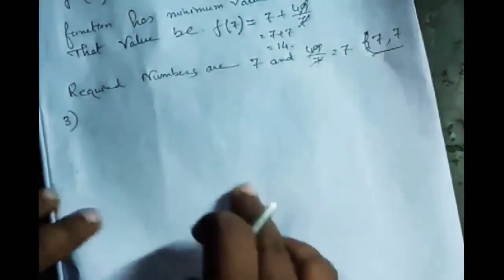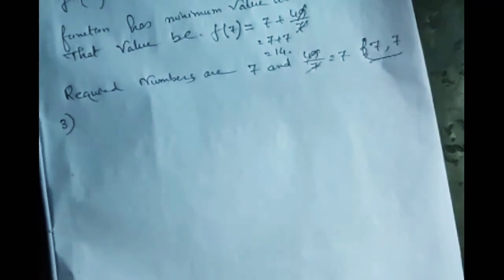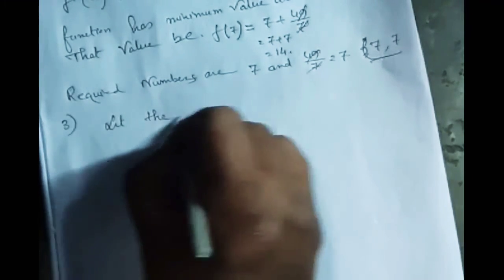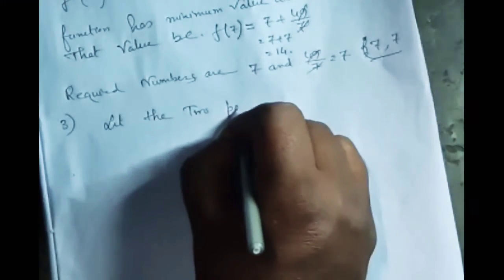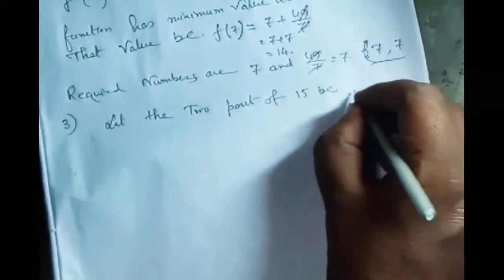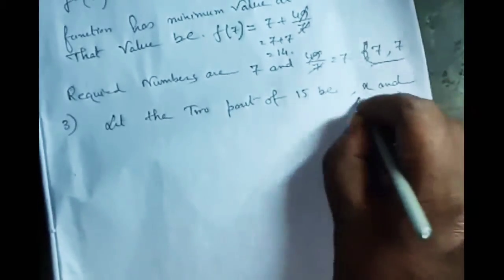Question number 3. Now I am reading question number 3. Divide 15 into 2 parts such that the square of one number multiplied with the cube of the other number is maximum. So let the 2 parts of 15 be x and 15 minus x.